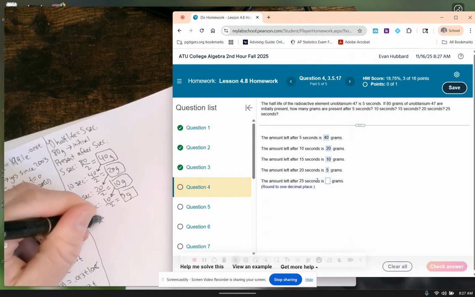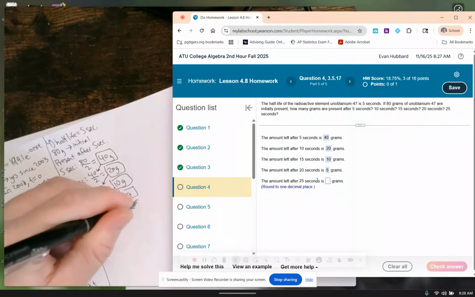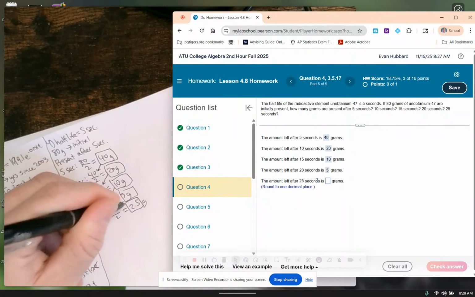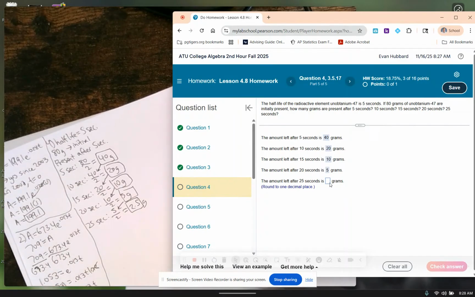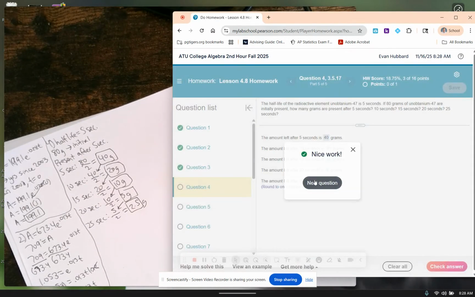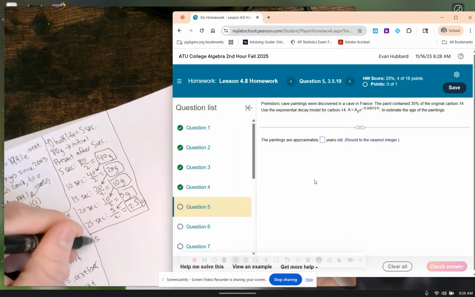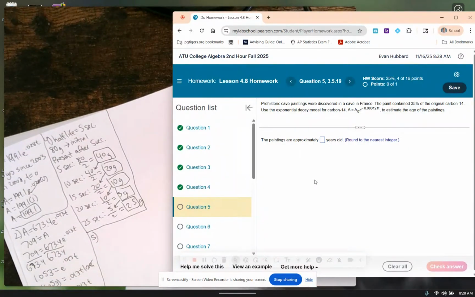So 5 grams divided by 2 will be 2.5 grams. All you have to do is just keep on halving it. We're not really doing much rigorous math, but it gets you to see how the half-life works in a problem.